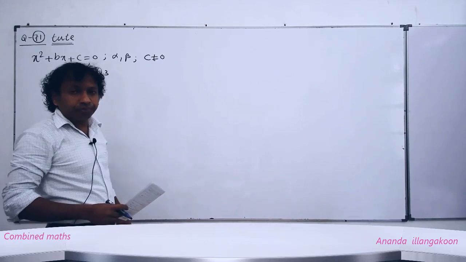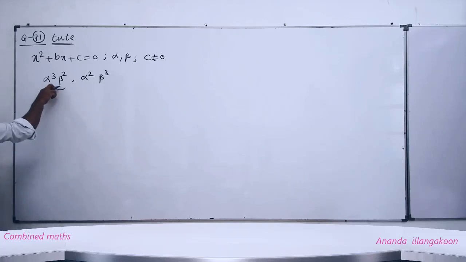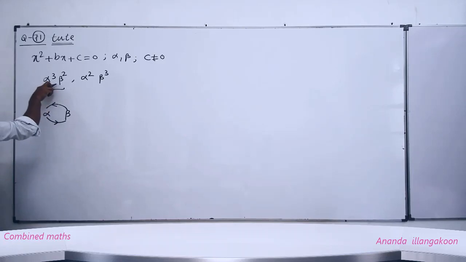Right? People, now when you take this root, it contains two letters, alpha and beta. Then I interchange them like this. For alpha, we put beta. For beta, we put alpha. Then see what happens to this. This alpha becomes beta. Then this is beta cube.